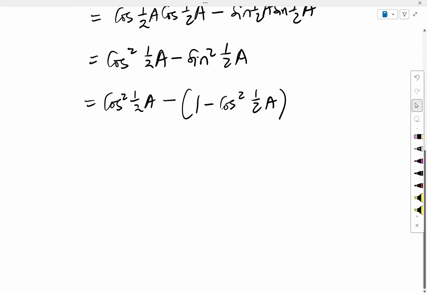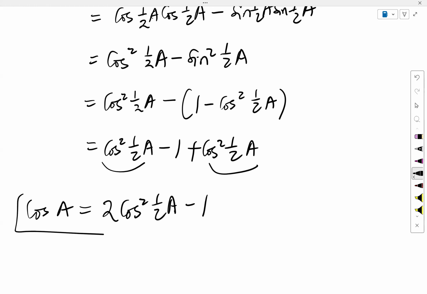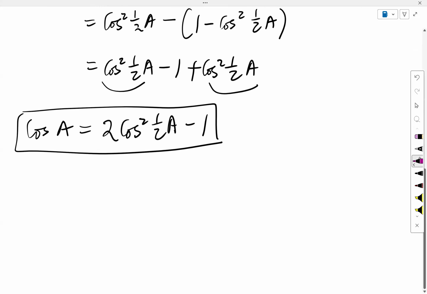So here we have cos squared half A minus 1 plus cos squared half A. So this and this are exactly the same, so we can add them together. So we have 2 cos squared half A minus 1. And that is exactly what cos A is. Okay. All right. So we've done sine and cos.